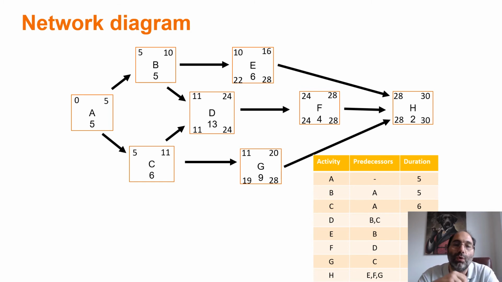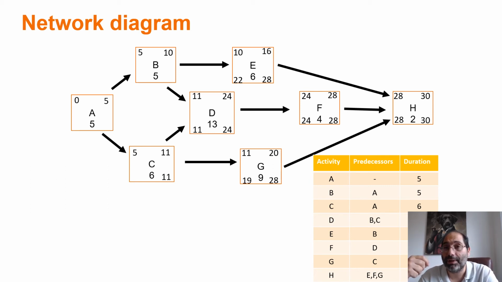So going to activity C, now I have two successors, activity D and activity G. Which late start time shall I use as the late finish time for C? I have 19 and 11.